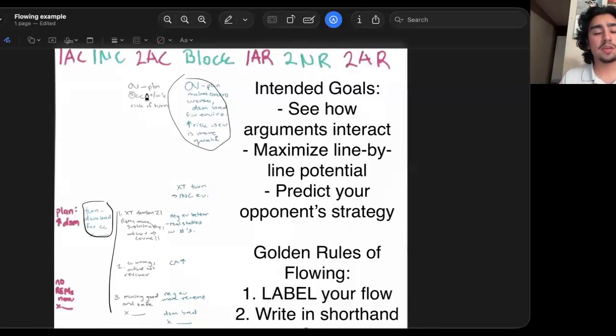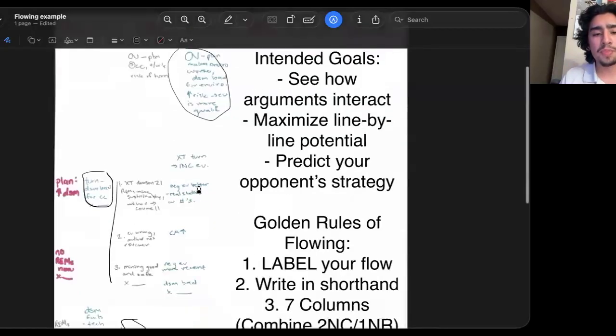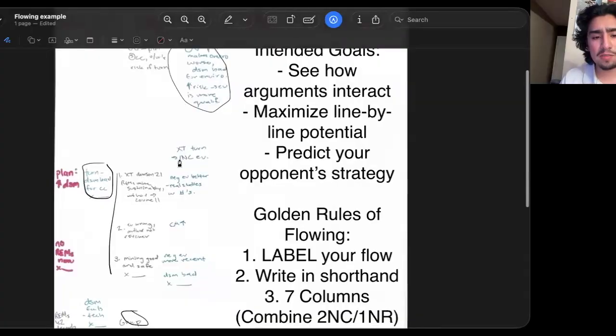Now, let's look through the actual block's argumentation. So remember, this is a combination of the 2NC and 1NR. They start off by saying extend the turn. They extended some 1NC evidence according to this flow in response to this first 2AC argument right here. So we're seeing a straight line through these arguments, and this is how the arguments are interacting.